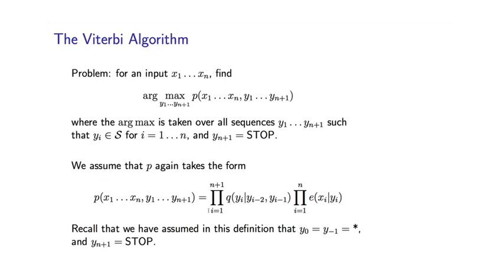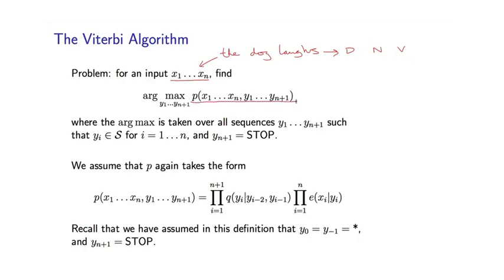So what's the problem that we're left with? It's the following. We have some input sentence, x1 through xn. For example, it could be "the dog laughs." This is a new test data sentence, and of course I'd like to map this to a sequence of tags, for example, D N V. To do that, I have my model.